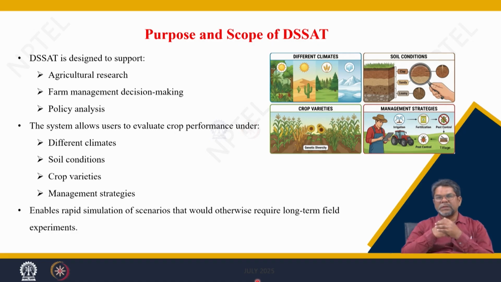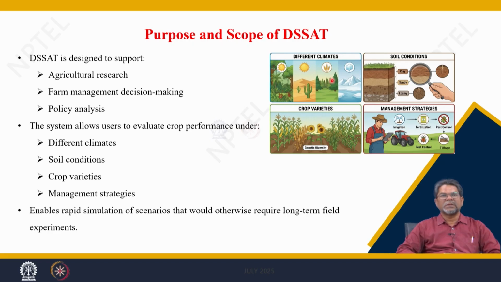This system allows users to evaluate crop performance under different climates, particularly for future years, to understand the effect of climate change: rising carbon dioxide, rising temperature, variable solar radiation, or variable rainfall on crop production.